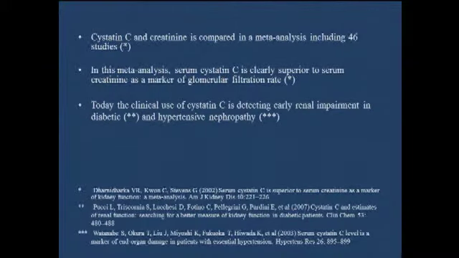Cystatin C and creatinine were compared in a meta-analysis including 46 studies. In this meta-analysis, serum cystatin C is clearly superior to serum creatinine as a marker of glomerular filtration rate. Today, the clinical use of cystatin C is detecting early renal impairment in diabetic and hypertensive nephropathy.